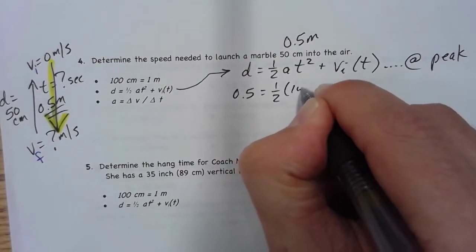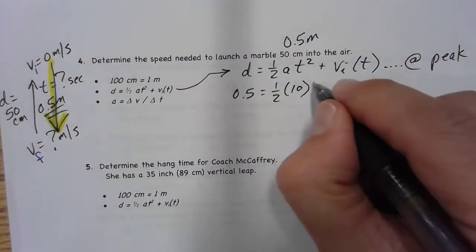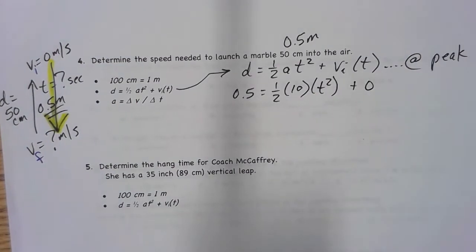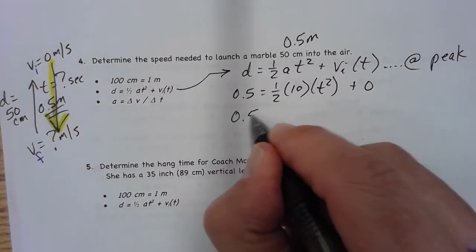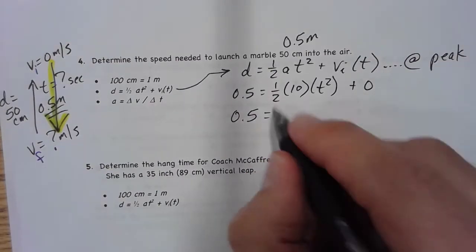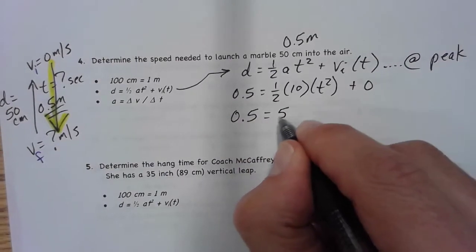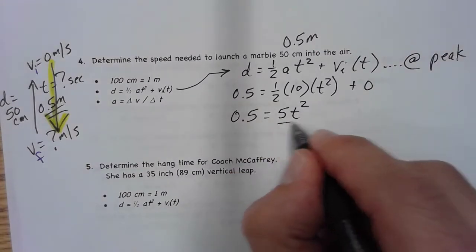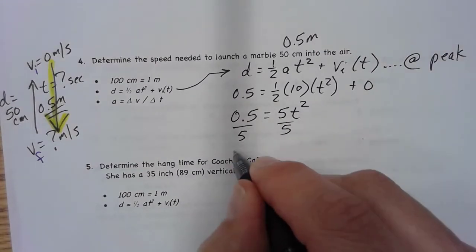It's knowing the acceleration due to gravity that allows us to solve these. The other thing that allows us to solve them is making that peak position, making that initial velocity a 0. And these are always kind of weird. That's why I say just take your time. A lot of times I do see mistakes.